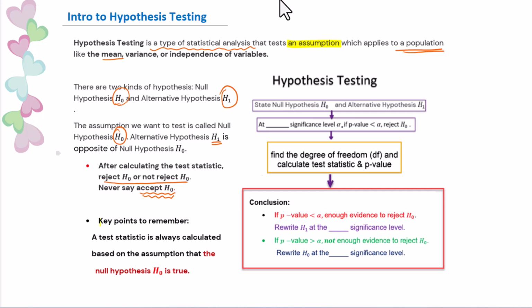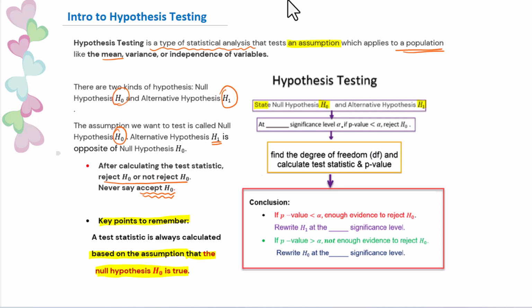Key points to remember. A test statistic is always calculated based on the assumption that the null hypothesis H0 is true. Here are steps for hypothesis testing. State H0 and H1.